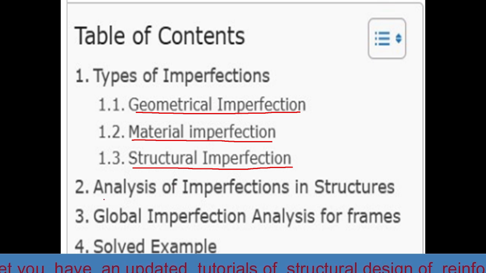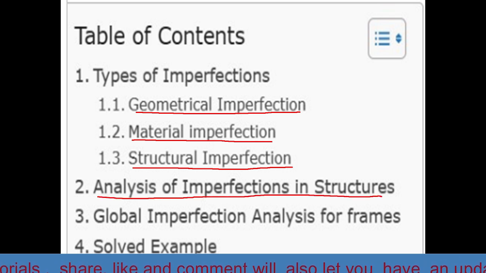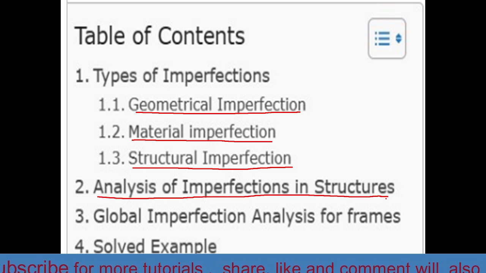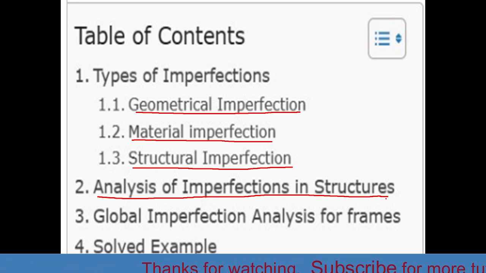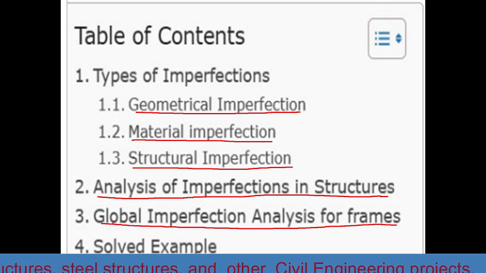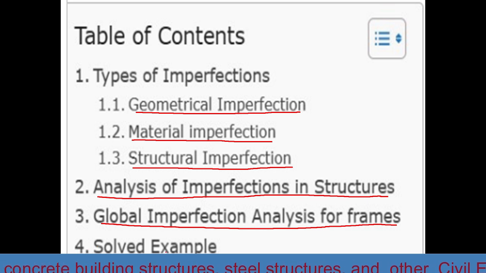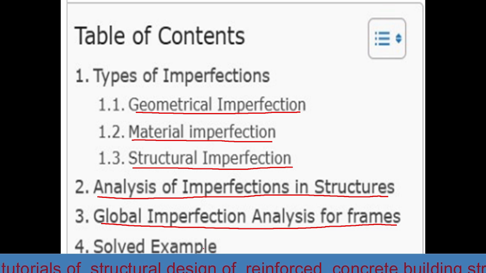The second topic will be the analysis of the imperfections in structures, that is, in reinforced concrete structures as well as in steel structures. And the third one is the global imperfection analysis for frames. And finally, we will see the solved examples.